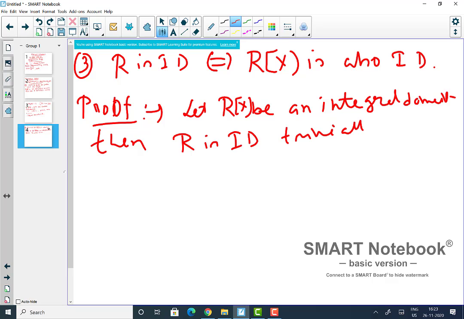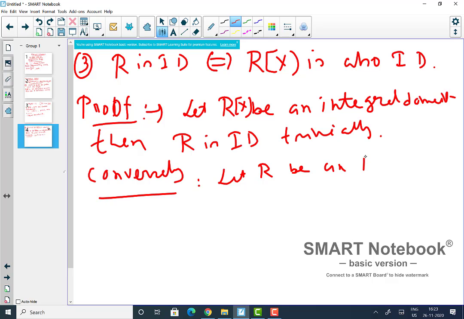Trivially, I mean to say that if R contains a zero divisor, that will again be a zero divisor in R[x], right? Conversely, let R be an integral domain. I'm writing in short, but you should not write only ID, you should write integral domain directly. I'm just trying to save some time.